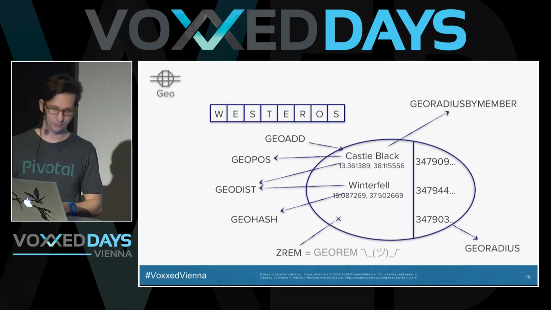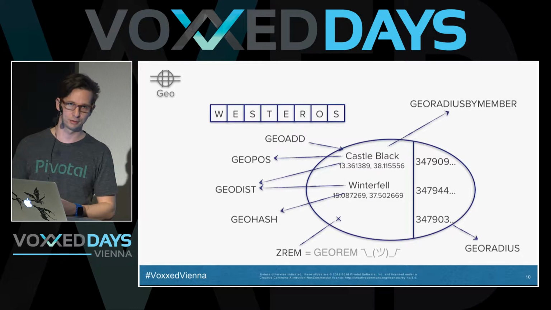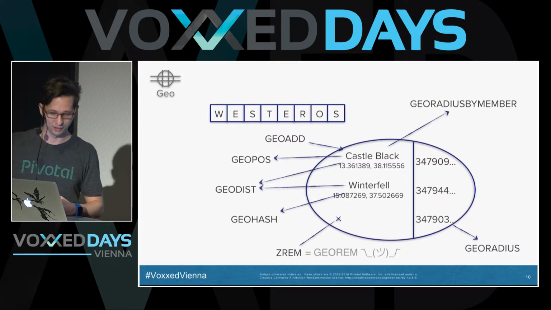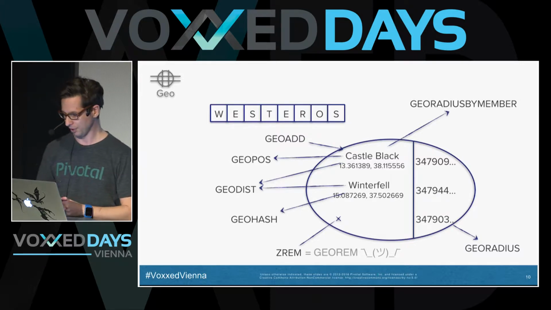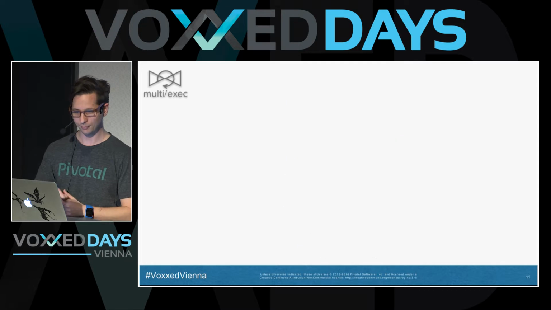Well, you just have to remember that with Spring Data we offer you something called georemove or delete, so that you don't have to think about there being a sorted set behind it.